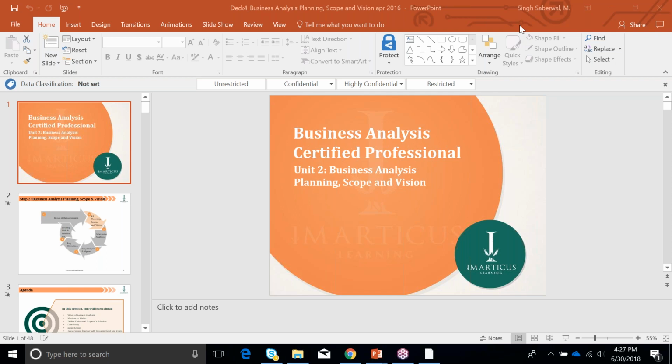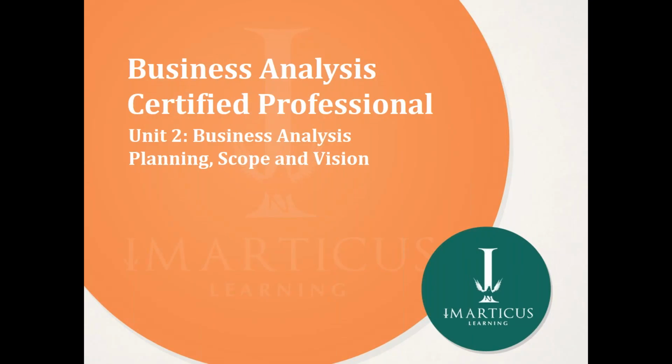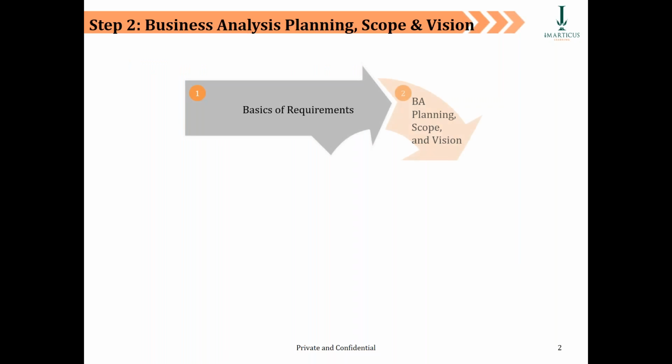But now we will just continue to gain more knowledge and more grounding, so that we start understanding it. We just did basics. Now you're at stage 2, business analysis planning, scope, and vision.